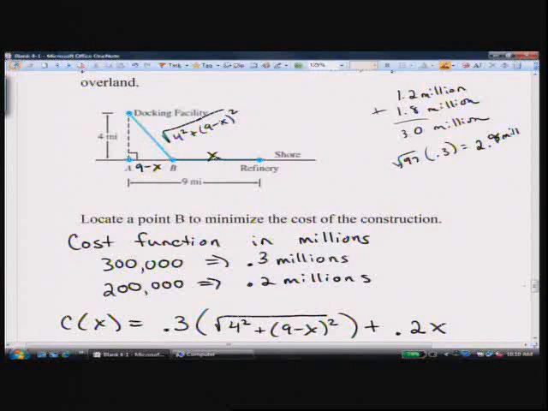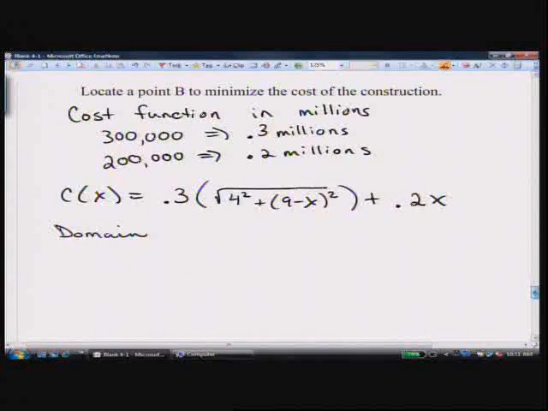Yeah. If X were 0, then it would be the 2.951, right? If X were 0, you would not have any over the land. And the most that it could be is if X were 9, right? And then you would be all over land, or you go straight from this thing to there. Okay, so our interval is from 0 to 9 for our X.